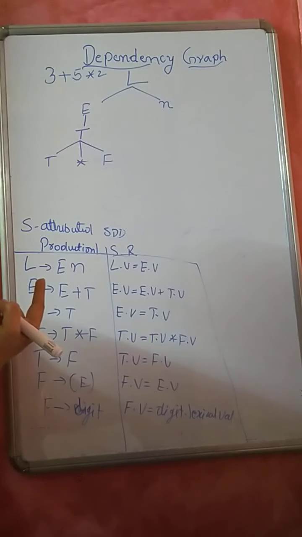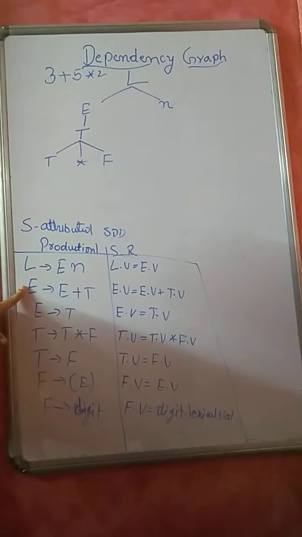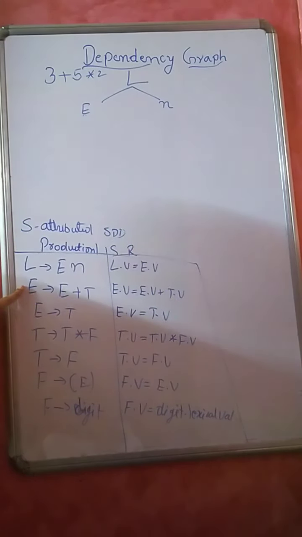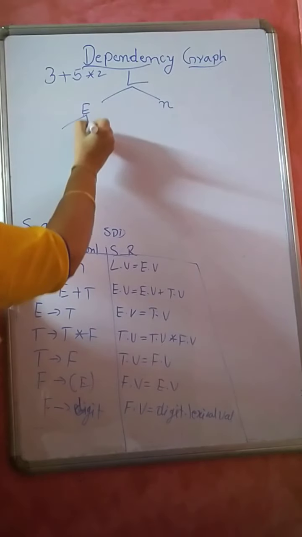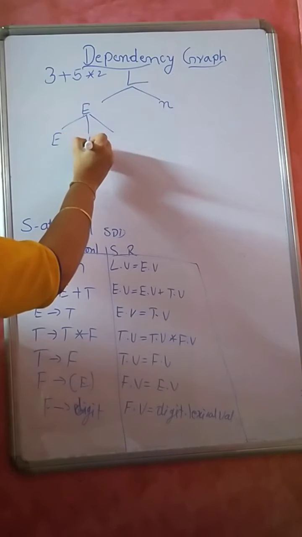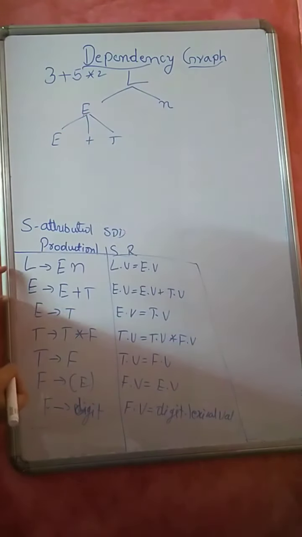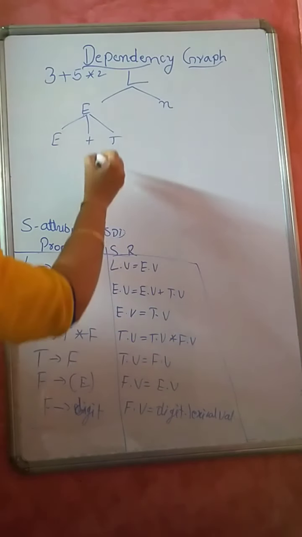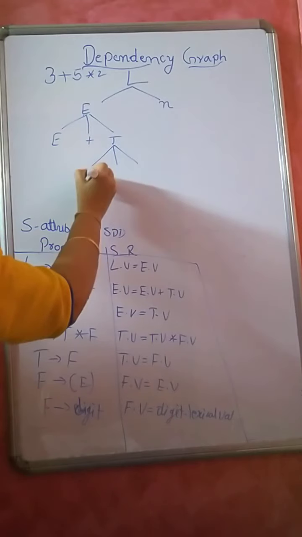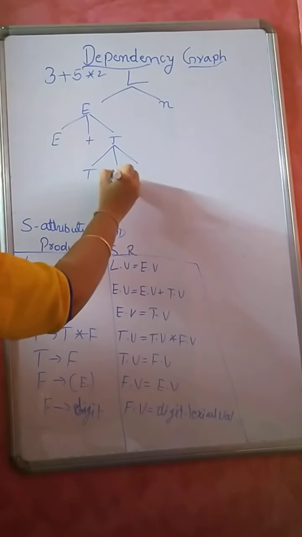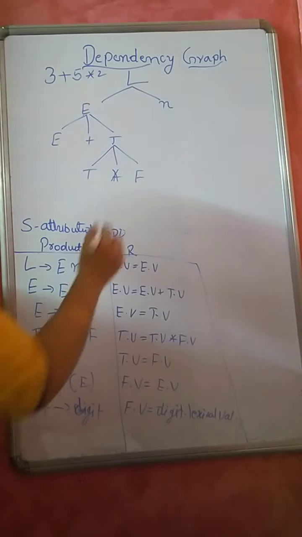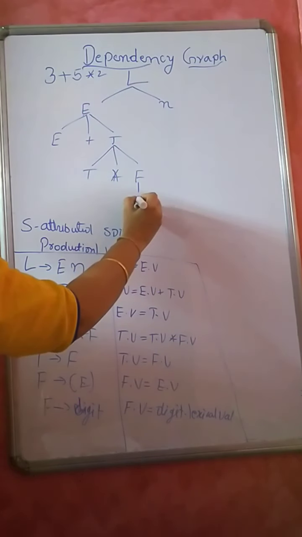First plus has to be done, no? So it is E determines E plus T. Star has to be evaluated first. E determines E plus T. Then T determines T star F. F determines digit.